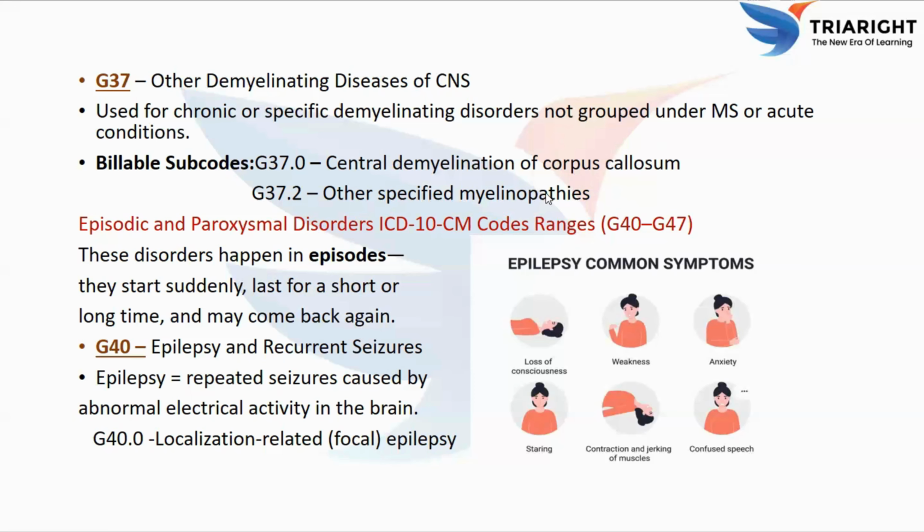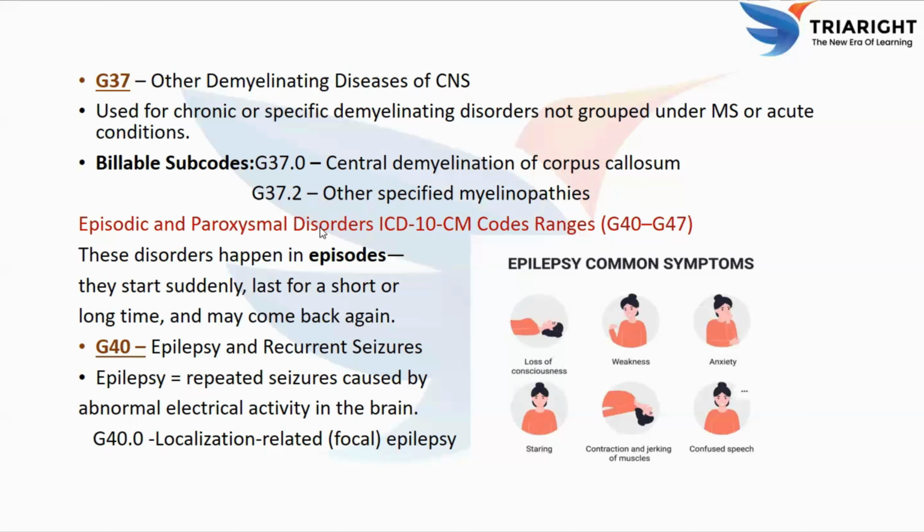That is the condition of central demyelination of the corpus callosum. Coming to G37.2, it is assigned for other specified myelinopathies. This is used for other specific types of nerve myelin damage not listed under the other codes.